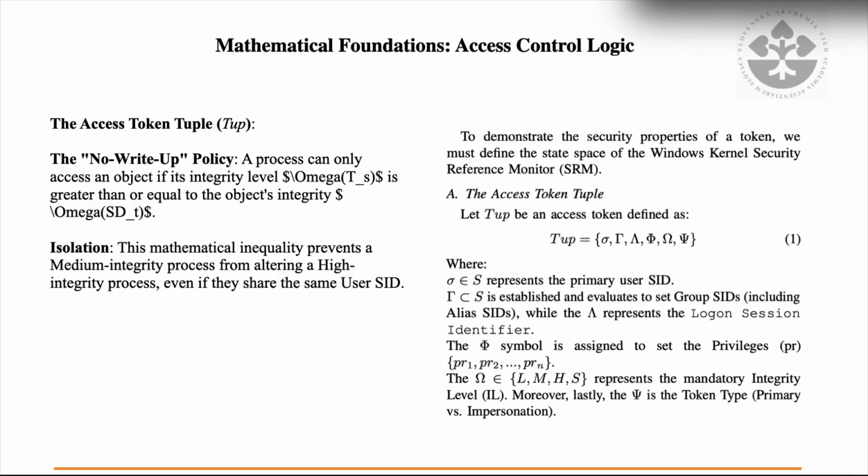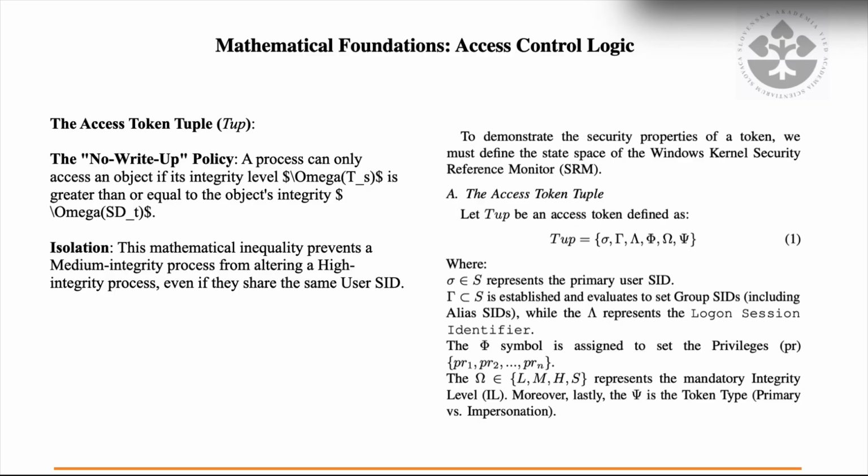Where sigma belongs to S represents the primary user SID. Then gamma, which includes an S, is used to establish and evaluate the group SID. That means including alias, while the lambda represents the logon session identifier.